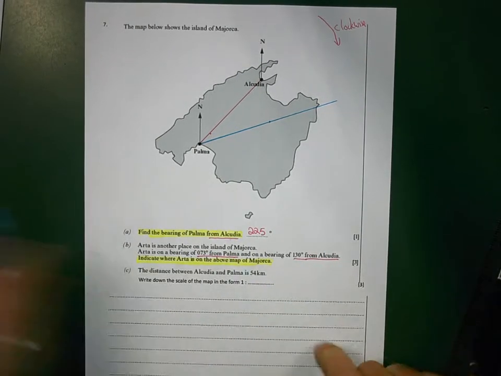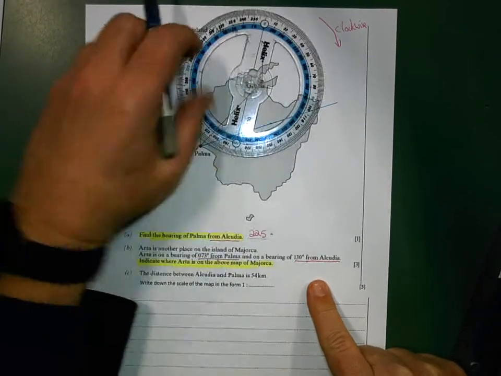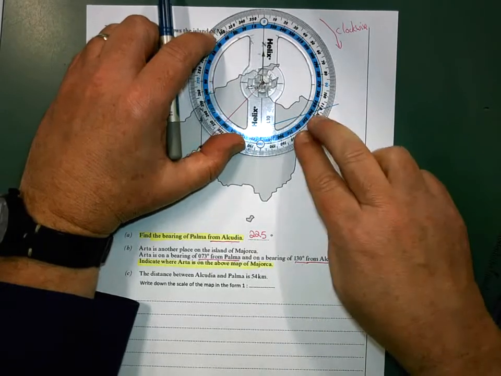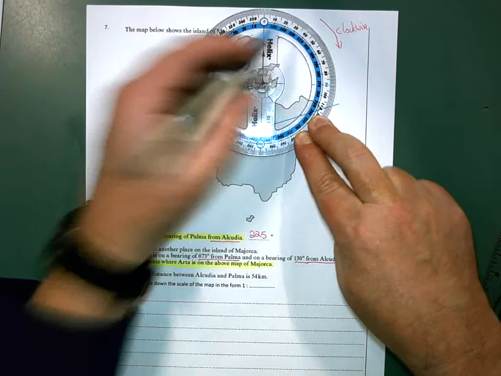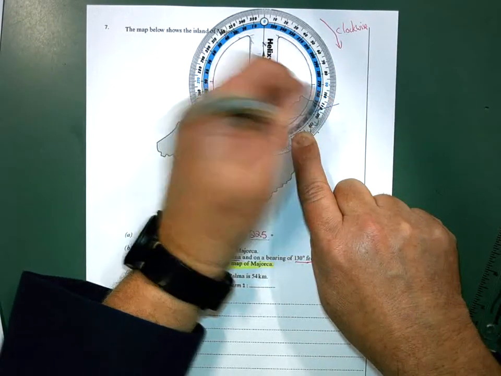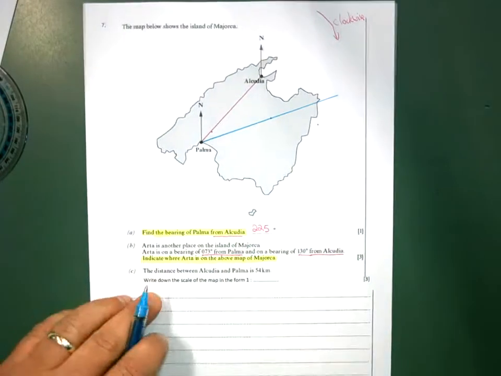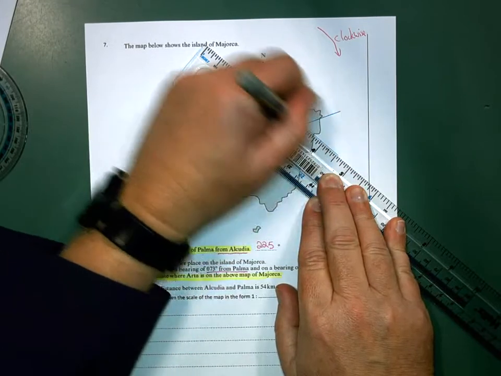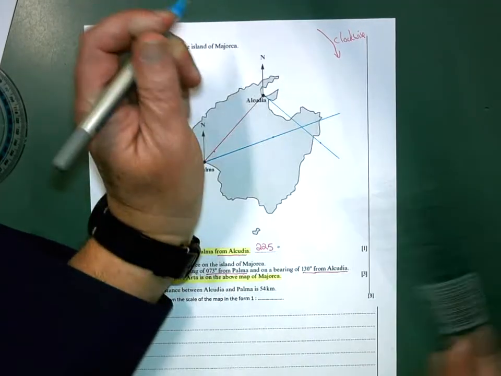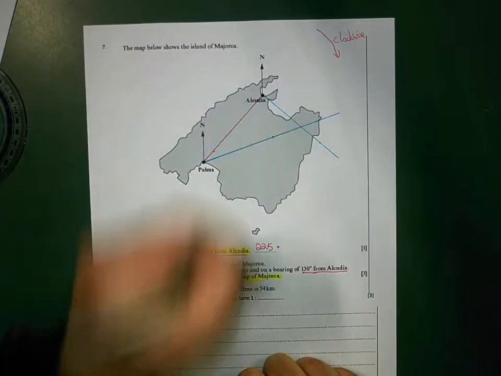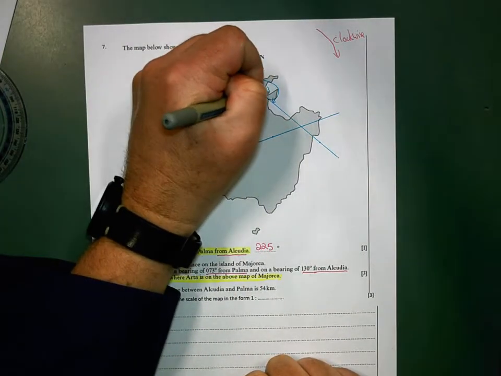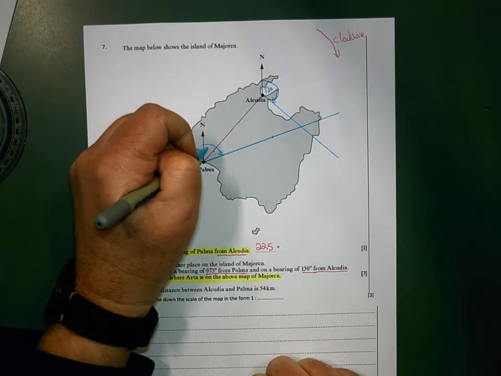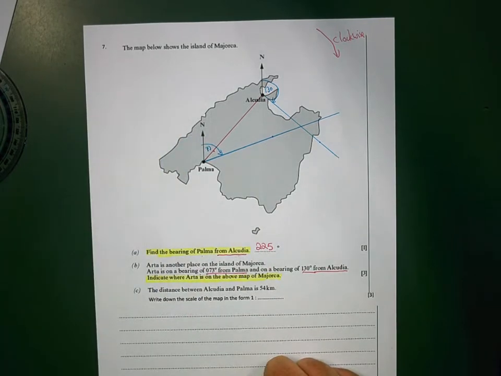So we've got to go back to Alcudia, put our measurer on Alcudia, and measure 130 degrees clockwise, mark a dot, and draw the line from Alcudia, and where the two lines cross is where Arta is.